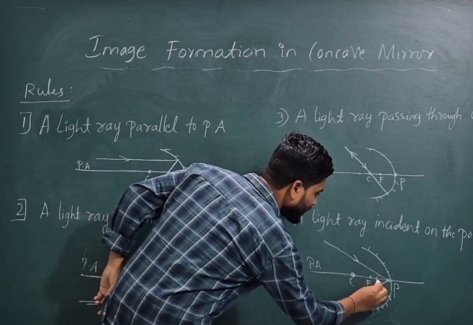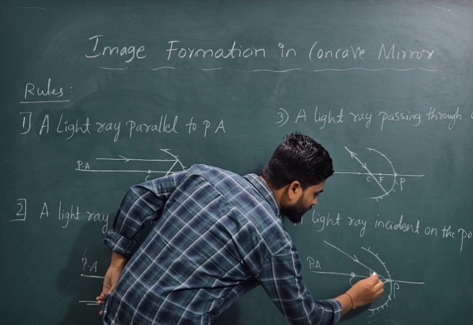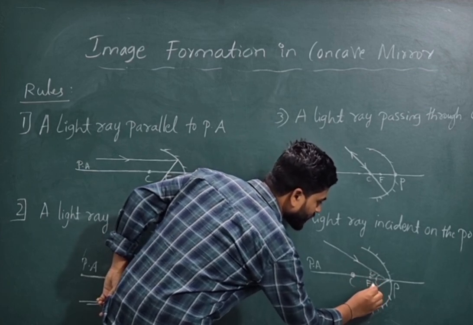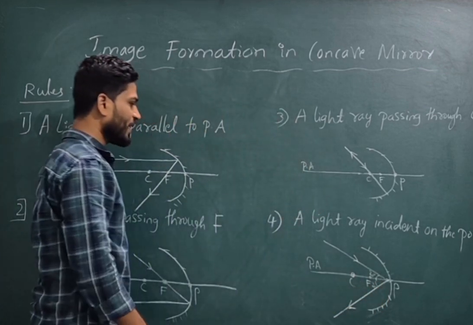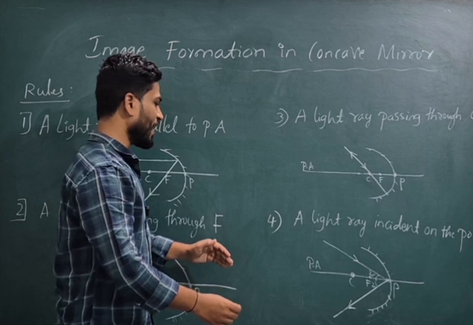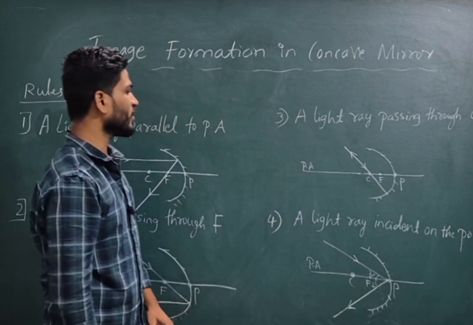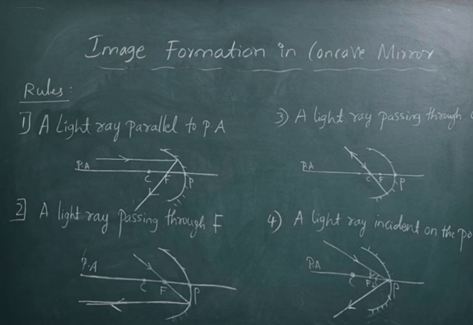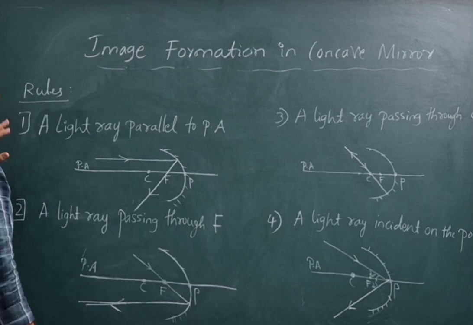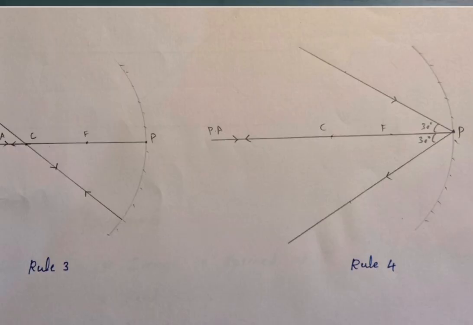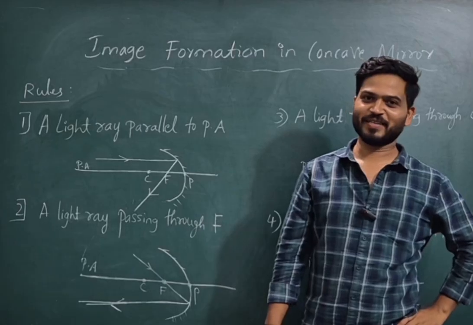For example, if this is 30 degrees, this is also 30 degrees, right? The angle of incidence is always equal to the angle of reflection. These are the four important rules which we must know before studying image formation in concave mirror.